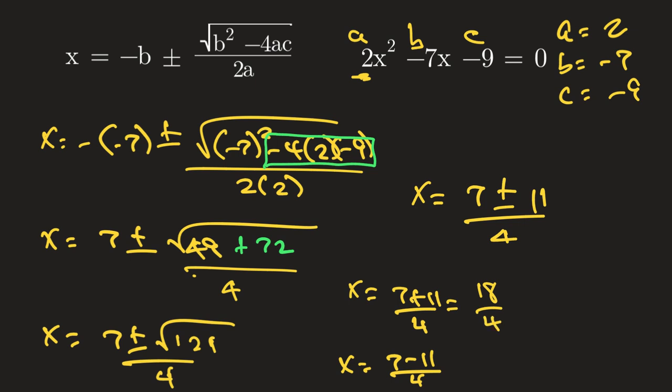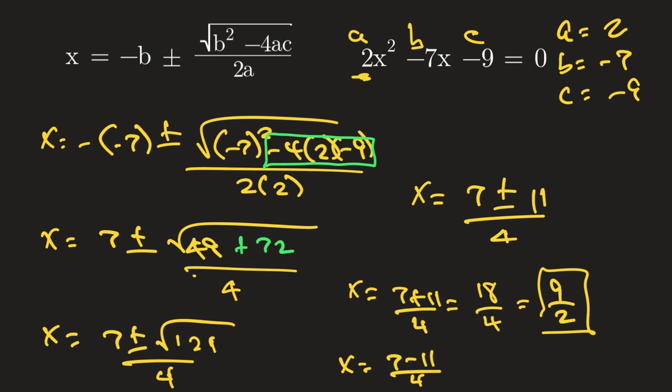Now, does that divide evenly? It doesn't. And that's okay. We've got a fractional answer. Can we reduce 18 over 4? Divide them both by 2. 9 over 2. There's one answer. And that's okay. Leave it improper. 9 over 2. Perfectly fine.